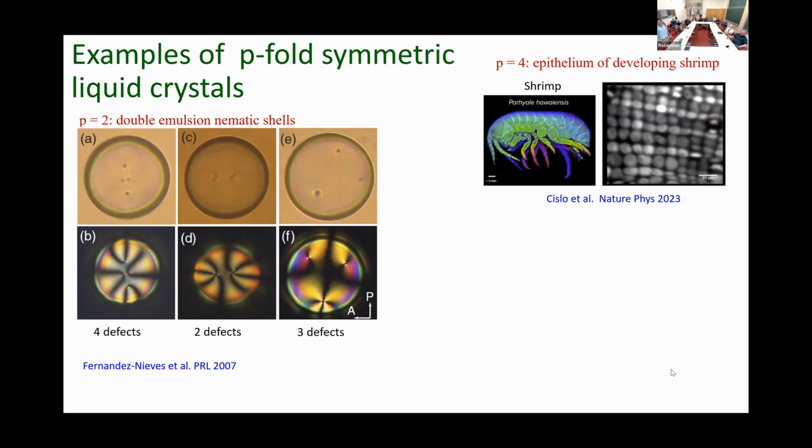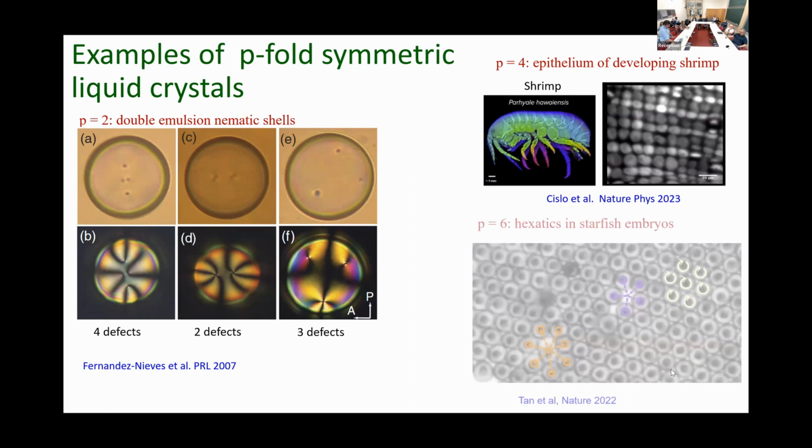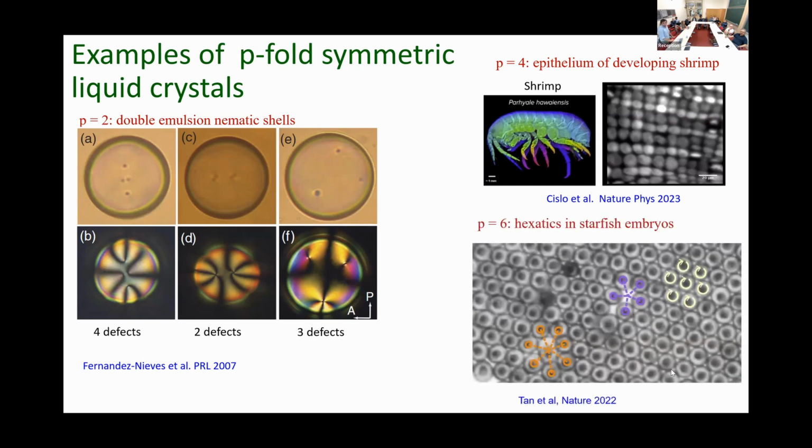I forgot to say, the first one was in France, this one was in David Weitz's group at Harvard, and this one is Sebastian Streichan at Santa Barbara. It's really remarkable; I haven't seen other examples of this in biology. And the last example is the starfish embryos.